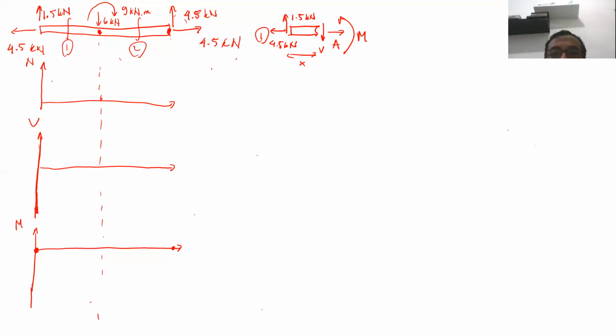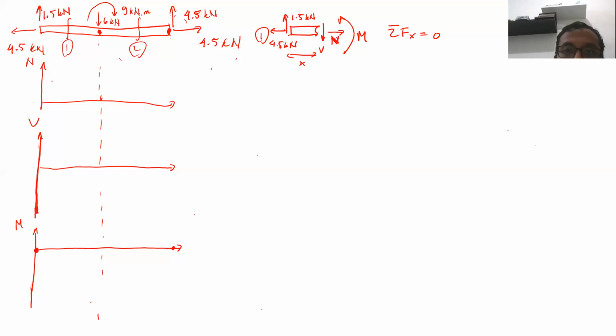First, I want to solve using sigma Fx equal to 0. If positive is going to the right, this one is not A, sorry, this one is N. Why suddenly did I make it A?